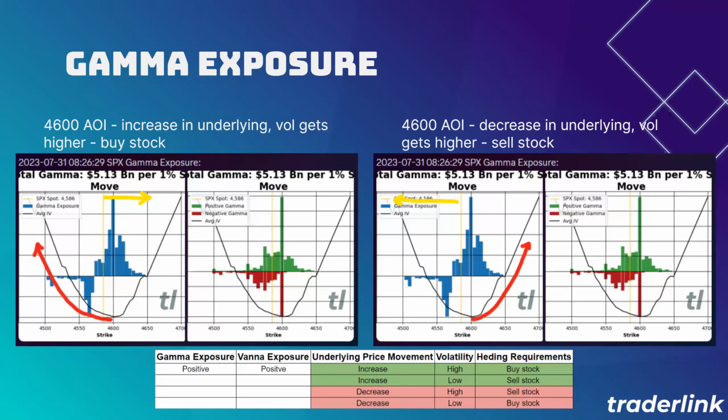So for the example today: 4,600 AOI, increase in the underlying, vol gets higher, and dealers would have to buy stock. What I mean by that is the spot price starts increasing in the underlying, and the AOI is 4,600, as we pointed out right here.